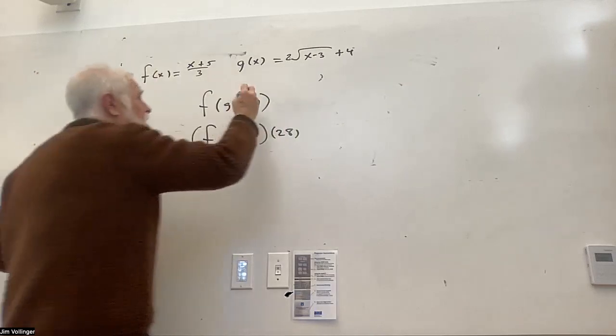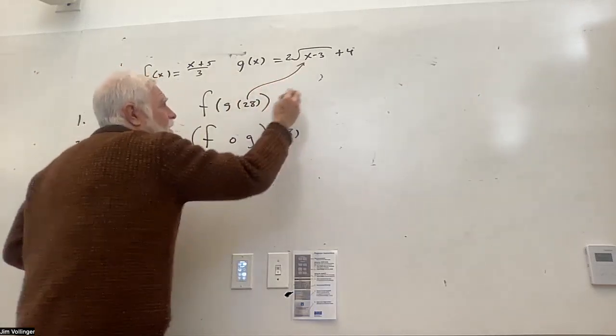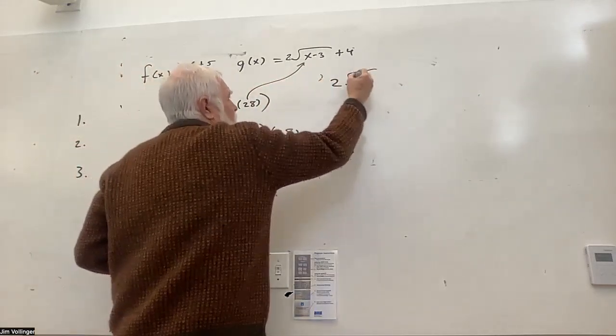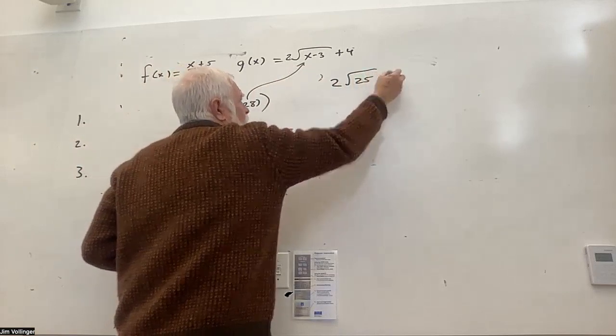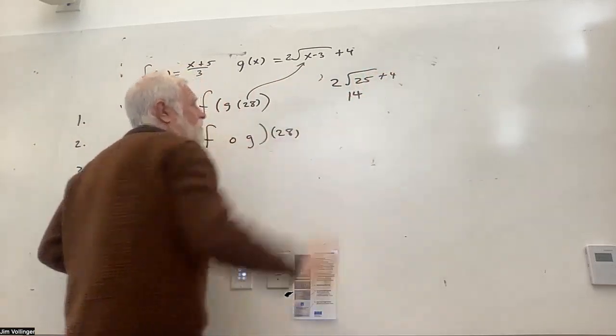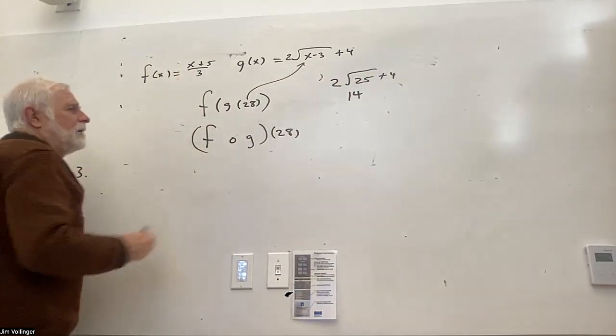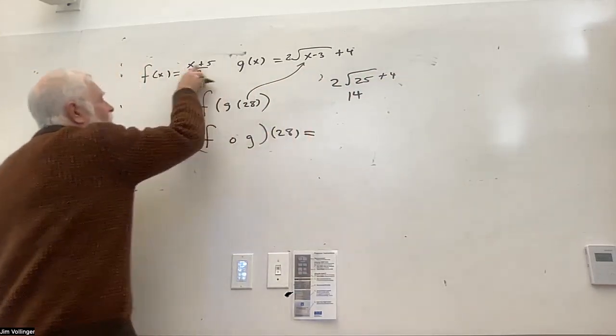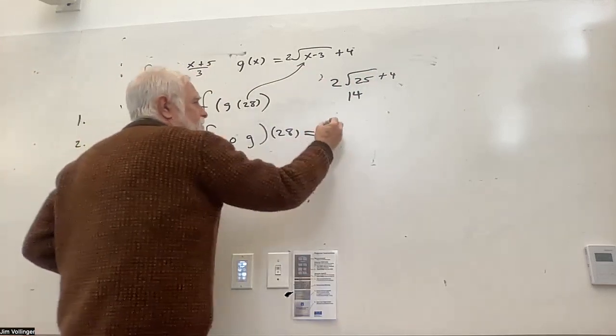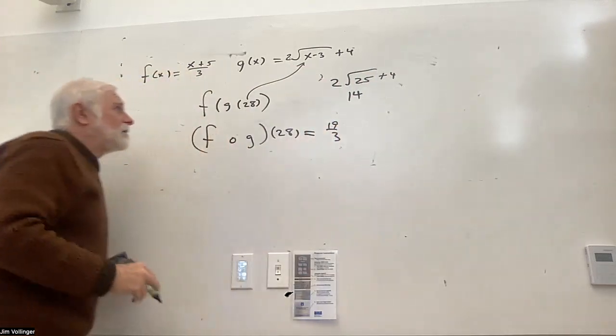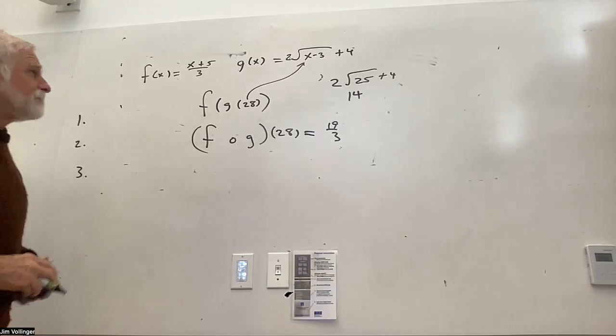So we're plugging 28 into the g function, and that gets us 2 times the square root of 25 plus 4, which is 14. And then we got to plug 14 into the f function, and that's going to get us 14 plus 5, 19/3. That's called a composite. Okay.